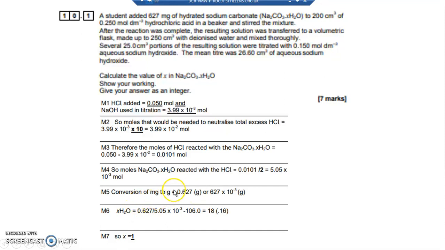Then moles equals mass divided by Mr. Moles of sodium carbonate is 5.05 times 10 to the minus 3 equals the mass divided by the Mr. The mass is 0.627.